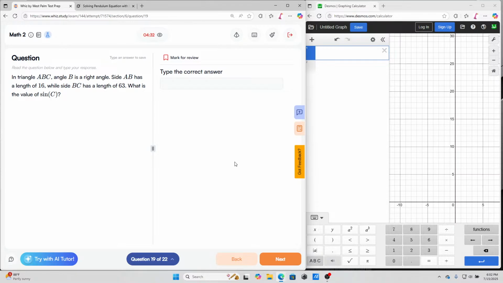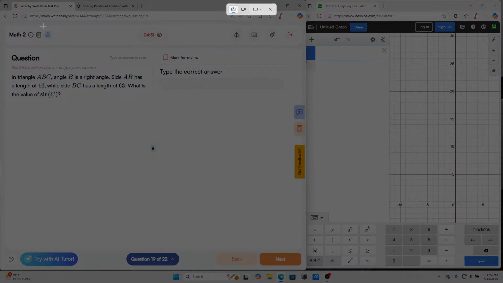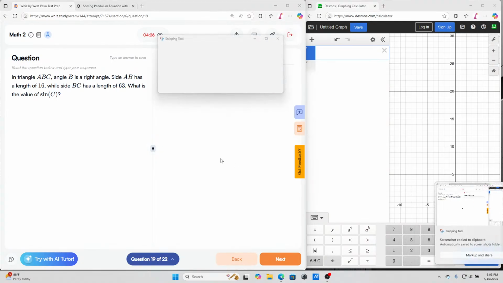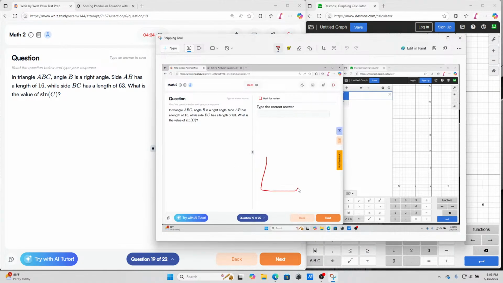So we got triangle ABC. So this is a right angle. AB is a 16.